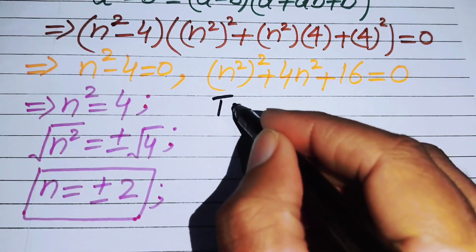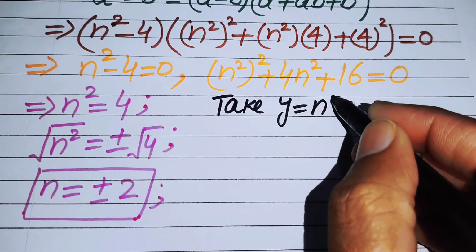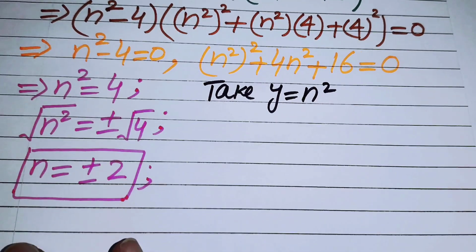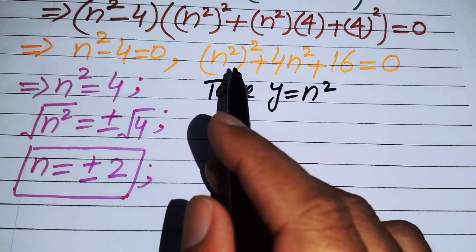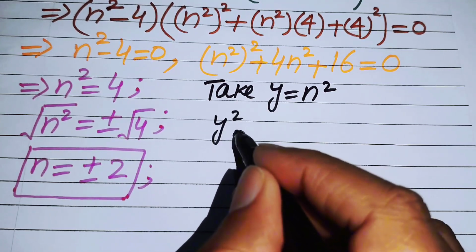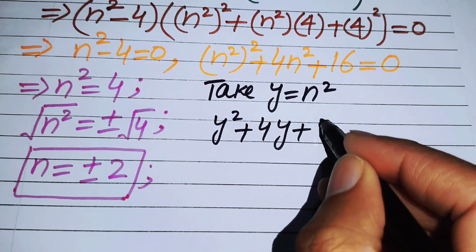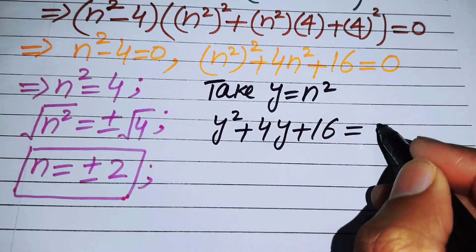Here I can just take y equals n squared. When you put y equals n squared, then you obtain y squared plus 4 times y plus 16 equals 0.